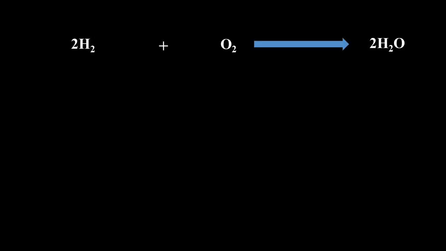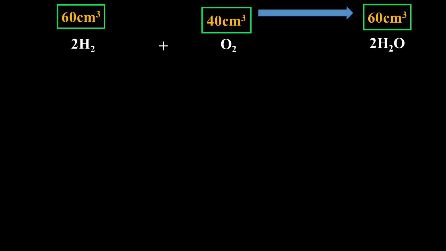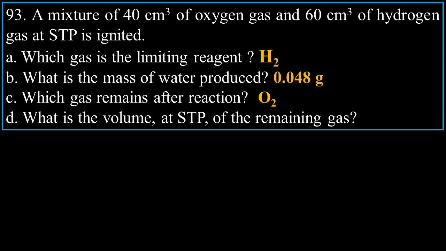Like, I know what volume I used. I used 30 cubic centimeters because it's 2 to 1, or 60 to 30, the volume. So I use 30 cubic centimeters of oxygen. Do you see that? So 2 is to 1, as 60 is to what? And that'll be 30. So I used 30, so oxygen is remaining.